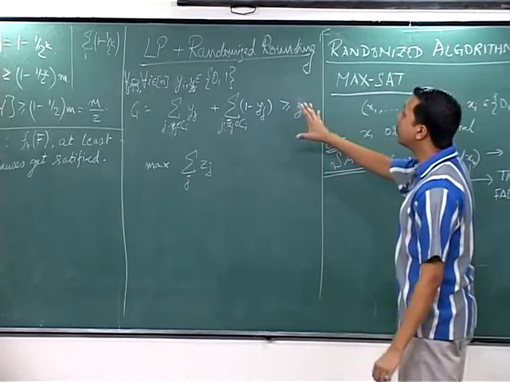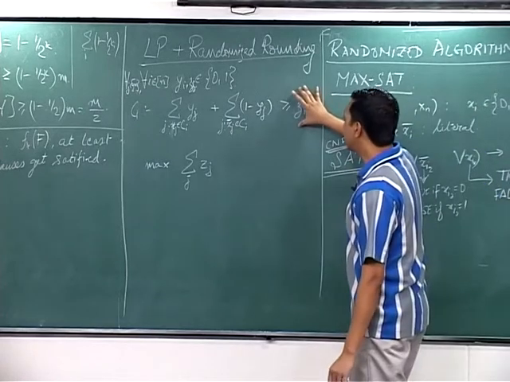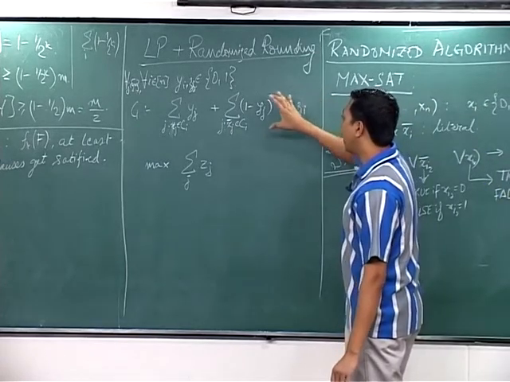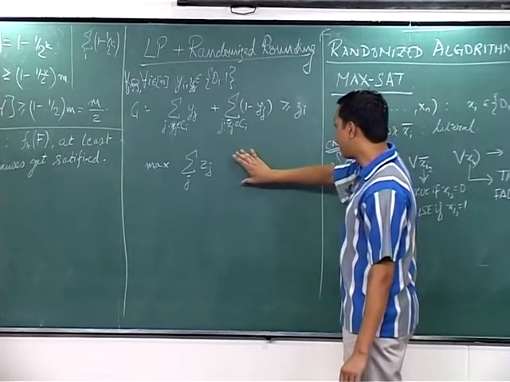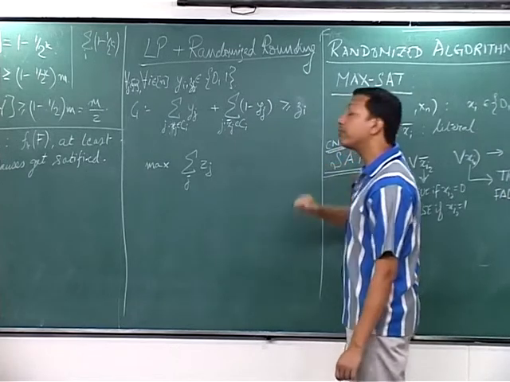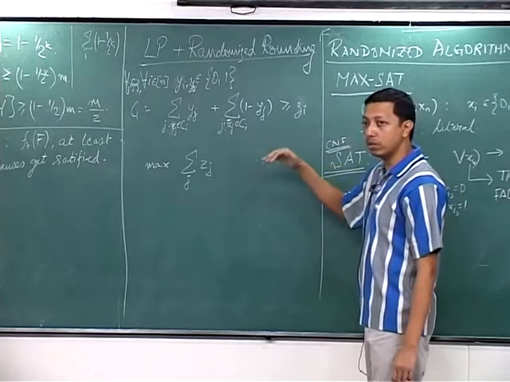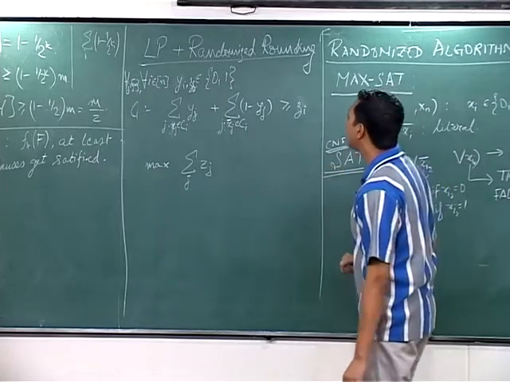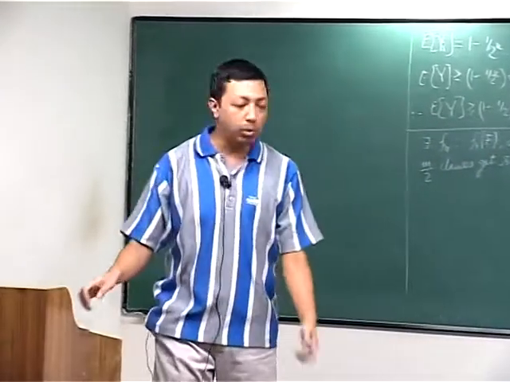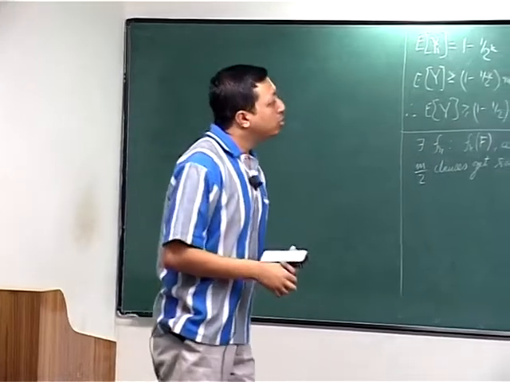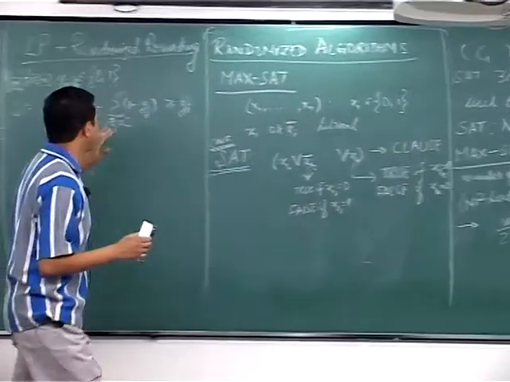So this is an example of what is called linear programming. You have a system of constraints, so there will be m such constraints, one for each clause, and an objective function which you want to maximize or minimize, as the case may be. You see that you could translate, for example, the original SAT problem to this.